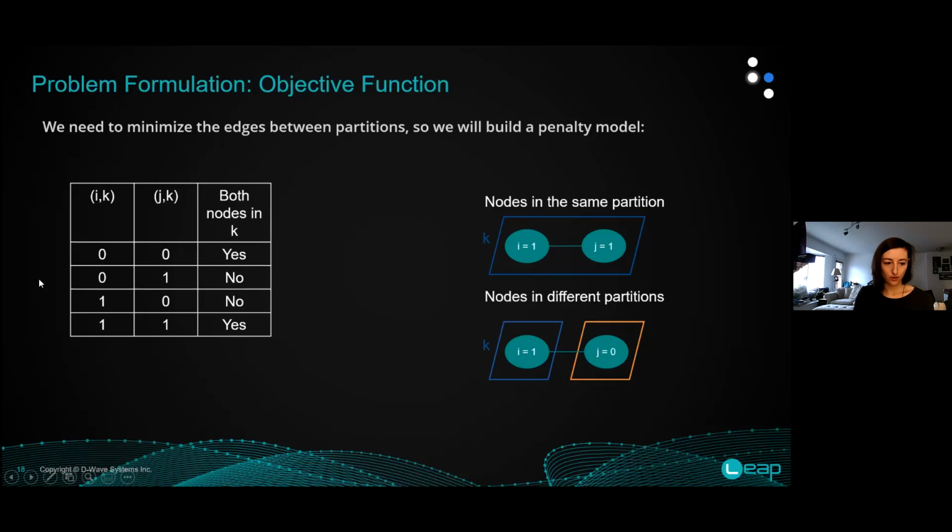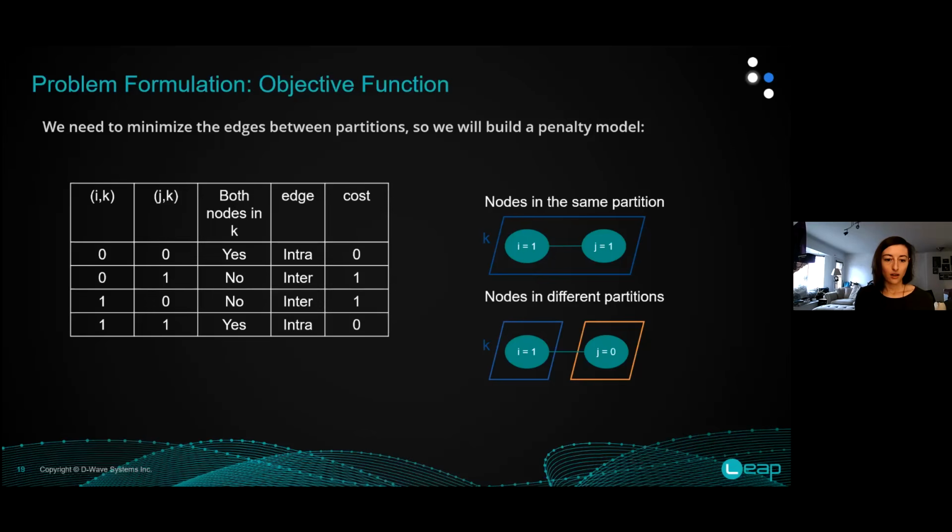The other case, in rows 2 and 3, where one node is in partition k and the other node is not, creates an edge that crosses partitions. This is a case that we want to penalize. We want to minimize the number of these cases. So to do that, we're going to introduce a cost or a penalty factor.